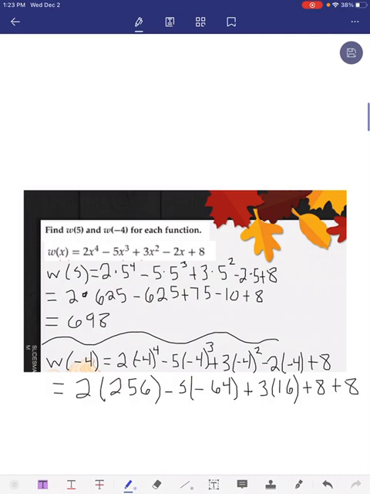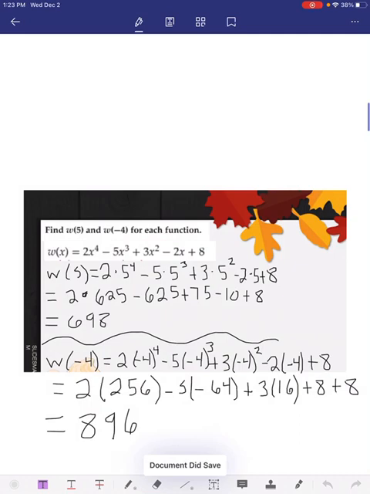And then the plus 8 just stays the same. Again, then combining all of those, we should get 896. So again, you can use your calculator to evaluate those or to check yourself. Just be careful, especially with that negative, because you are going to need to put parentheses around it when you put it in your calculator.